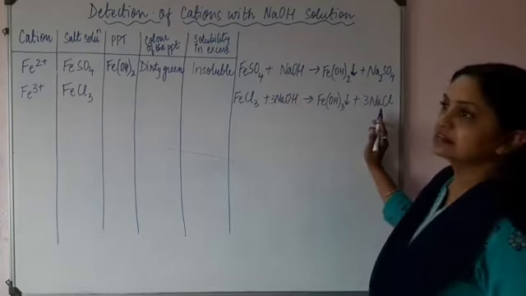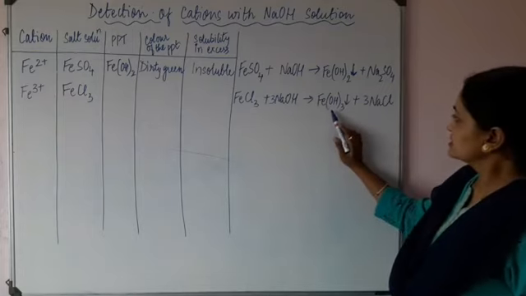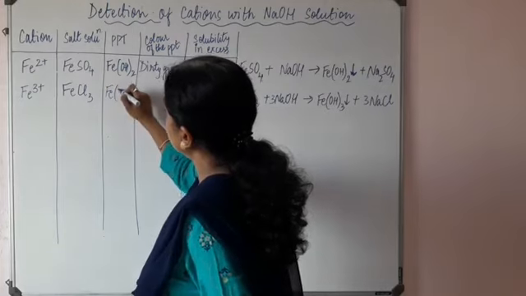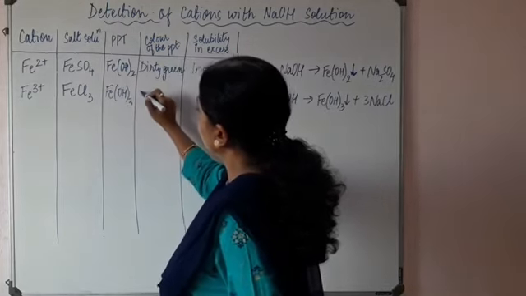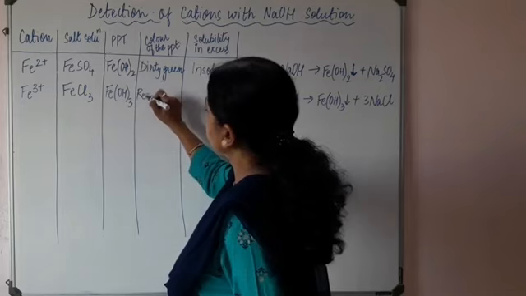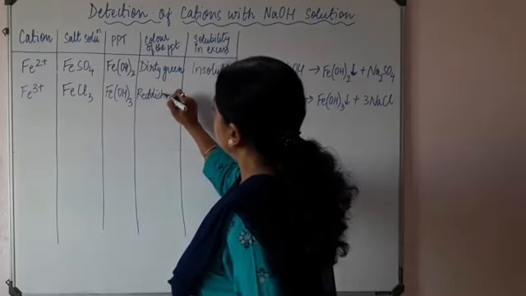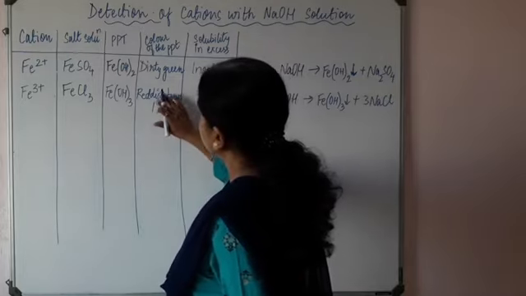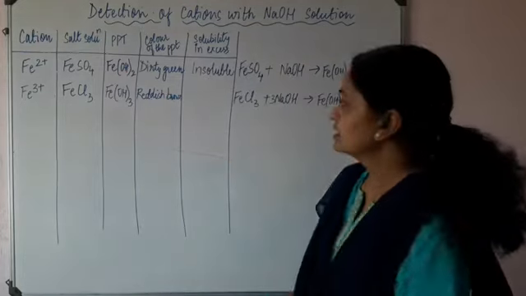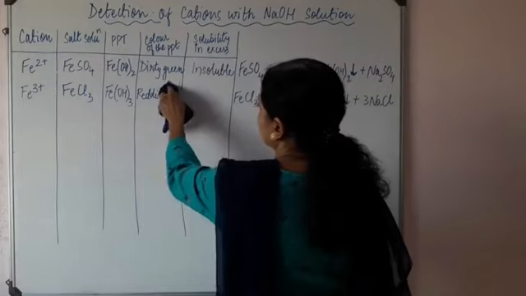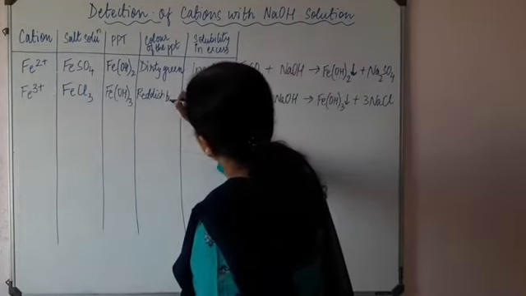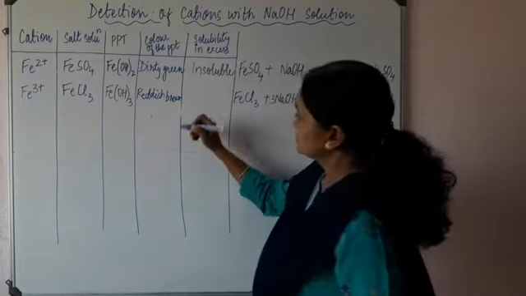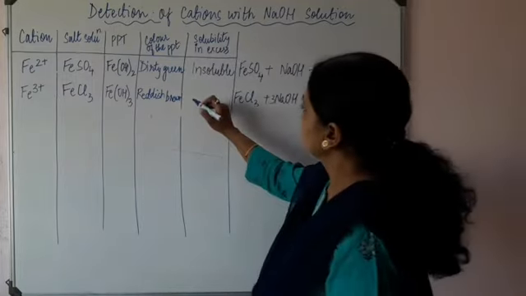The byproduct is NaCl, right? So this is a reddish brown precipitate. What we are getting is ferric hydroxide, and here you get a reddish brown precipitate. Let us write here reddish brown color you are getting.